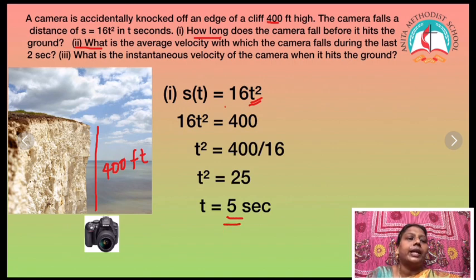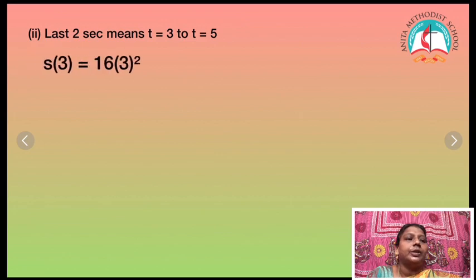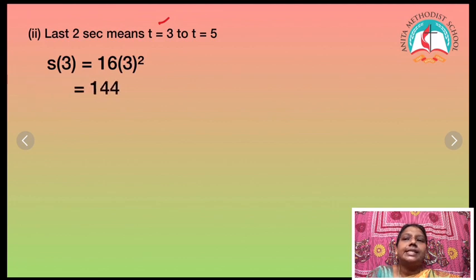Now what is the second one? What is the average velocity with which the camera falls during the last 2 seconds? The total is 5, so the last 2 seconds means from 3 to 5. That is what we are going to find out. First S of 3, then 16 into 3 square.